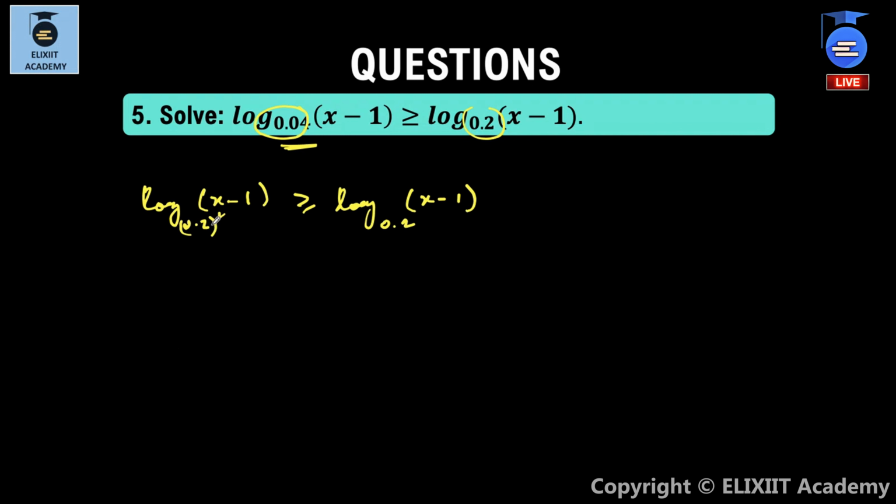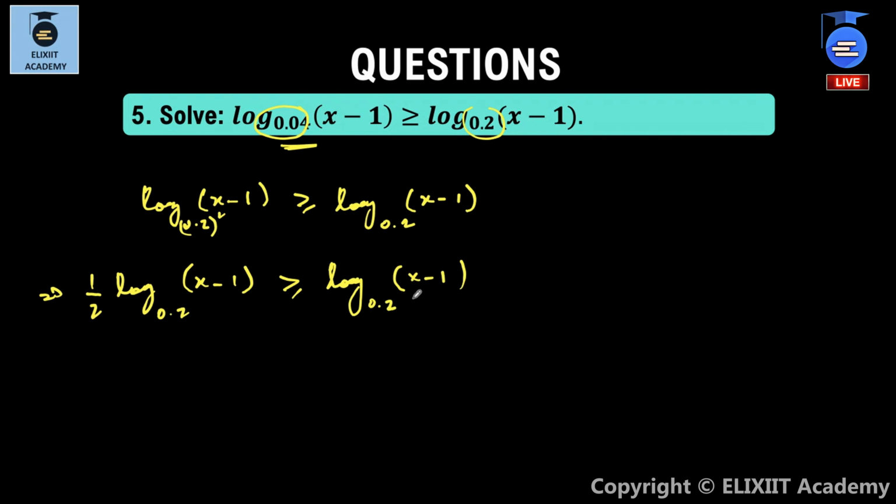Now see, power is with the base. So this will come down as 1 by 2 by the properties of log. This will become 1 by 2 log of x minus 1 base 0.2. Sixth property. I also remember the number of the property. Now we can multiply with 2 on both sides, 2 being a positive quantity.